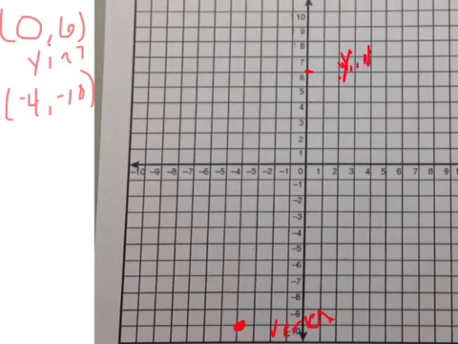Now, one of the other things I know when I get my vertex is that there is a vertical line through there, and you must graph this. It's called the axis of symmetry. I'll write it over here just for space. It's the line that goes down the middle of your graph.